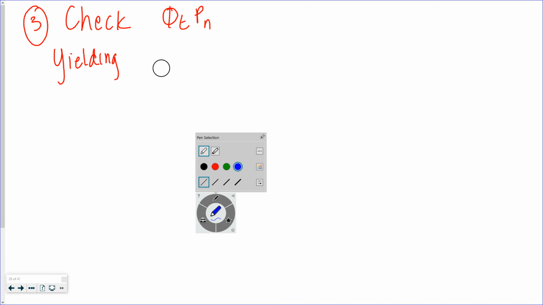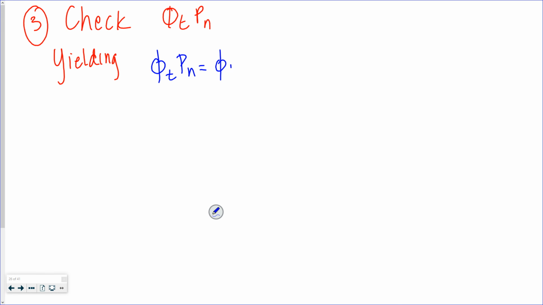PN is phi T AG FY, and so that's 0.9 for yielding. Remember, it's different for yielding and rupture. 0.9 for yielding. My gross cross-sectional area, I just looked it up.